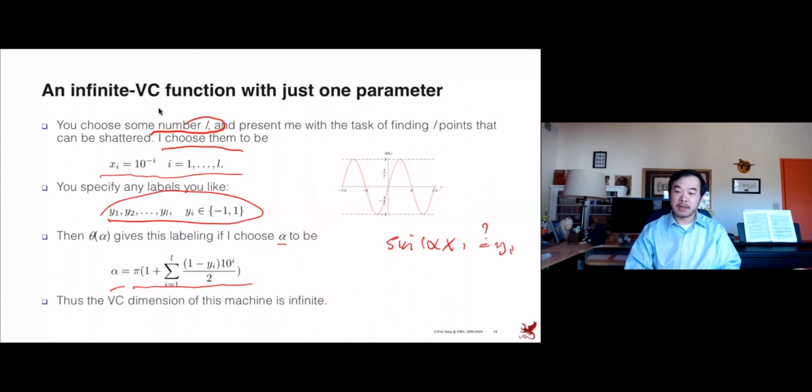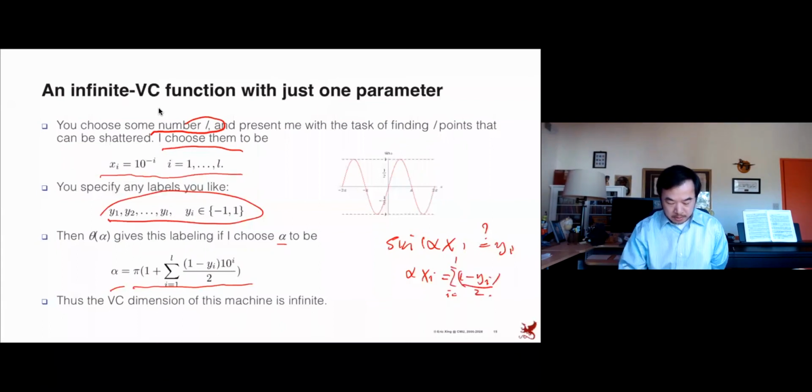Hopefully you can quickly show it to yourself already. Let's multiply x_i into here. So alpha times x_i equals what? You bring the x into this equation, and the x is able to cancel, which leaves another term that depends only on 1 minus y_i. Then you can plug in different choices of y, either +1 or -1.